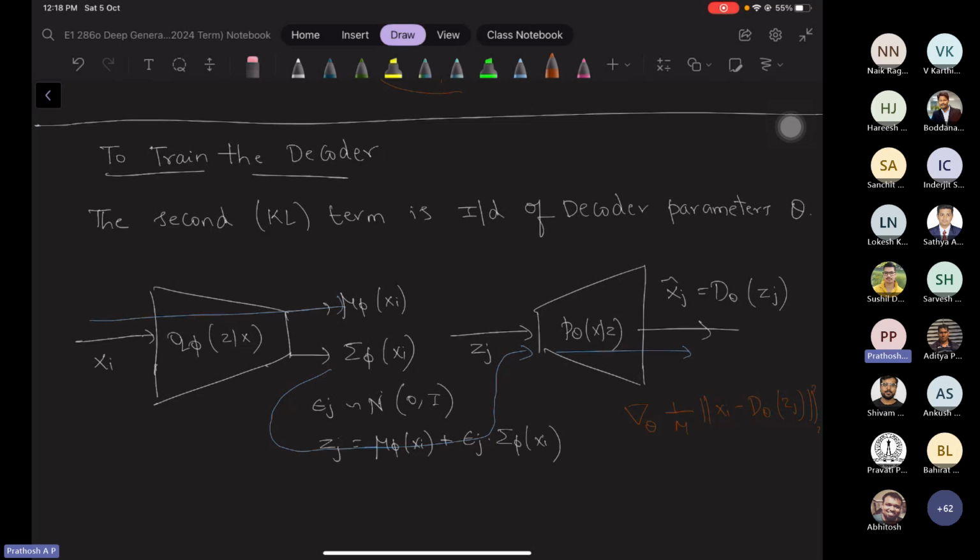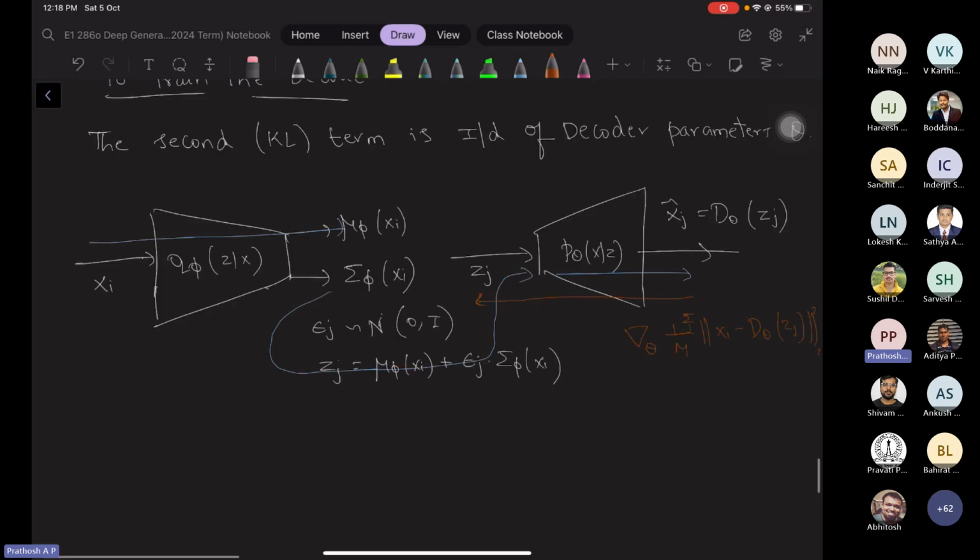Compute the gradient of this term with respect to theta, right? And then simply back propagate this all the way to the input. That's all. This is one iteration of decoder training. All right. Easy, right? That's all. So now we are done with the training of VAE.